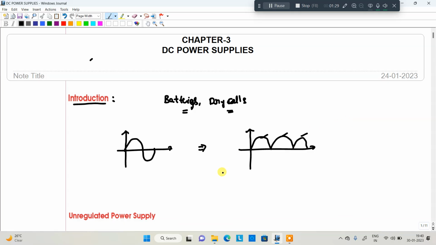That's why we use filters to remove those ripples. After that we get DC, but we want to maintain a constant DC value, so we use regulators. This is all about the DC power supply we are using.